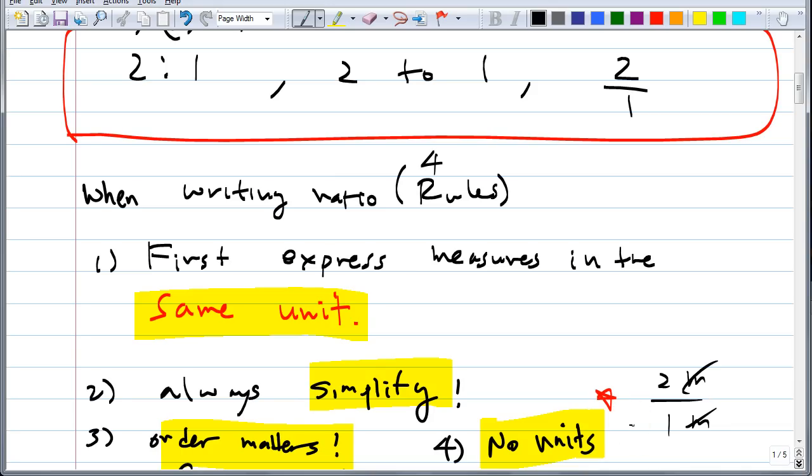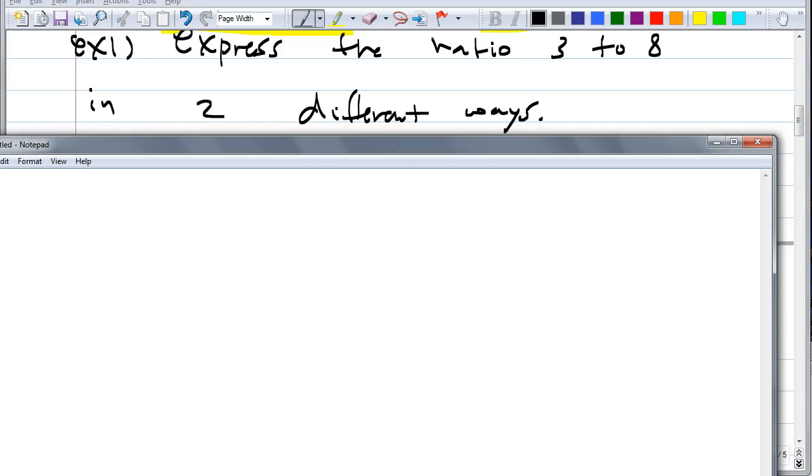So let's do some examples. That was just some background, things you need to know about ratios. Let's actually get into some of the problems. First example is really simple. It says express the ratio 3 to 8 in two different ways. One of the ways is to write it with the word, 3 to 8. Of course, the answer is what? How about Lindsay?